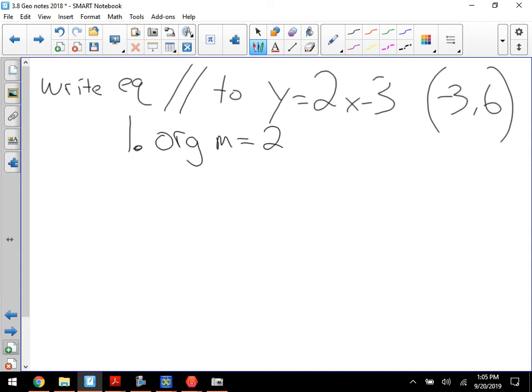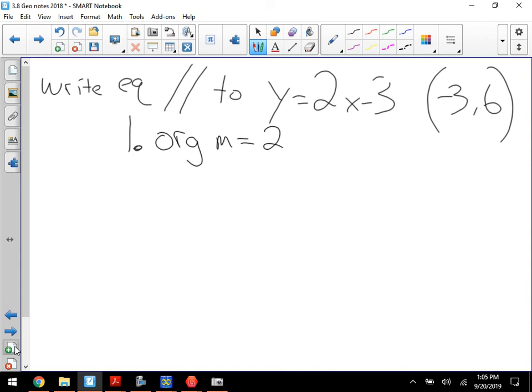The reason I ask you to do that second step is that you'll have 3 or 4 questions in a row that are parallel, and then the instructions change and say these next 3 or 4 are perpendicular. After doing 3 or 4 of the same problems, you think all of them are the same. It happens all the time. This way, it makes you stop for 3 seconds and reread, is this a parallel or perpendicular problem? And then you go on your way.